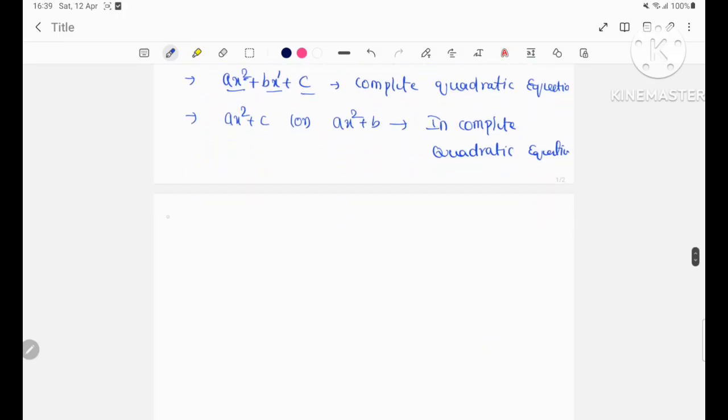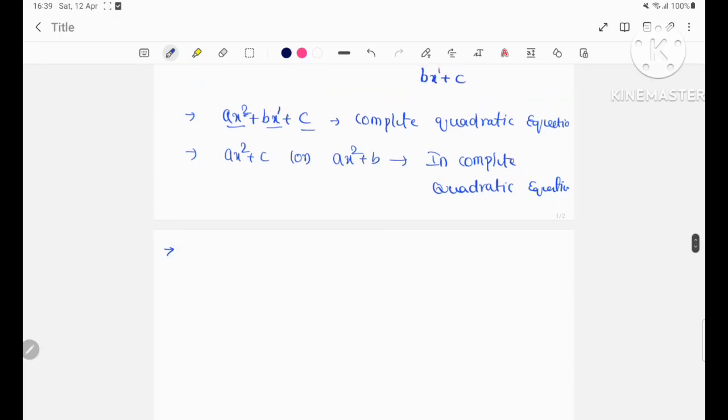Next, how to find the x value. Here x is called what? The solution of the quadratic equation. For example, 2x square plus 5x plus 6, here x is an unknown value, and we are going to find the x value. How many solutions or roots are there for a quadratic equation? Here the highest degree is 2, so at most 2 zeros will be there.